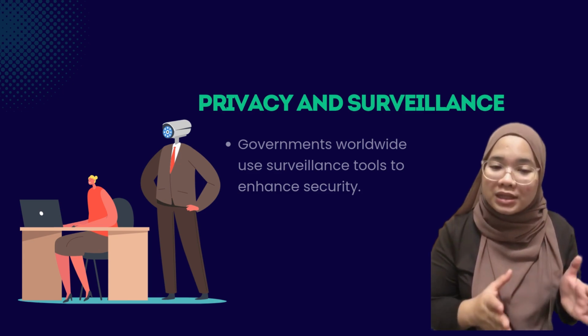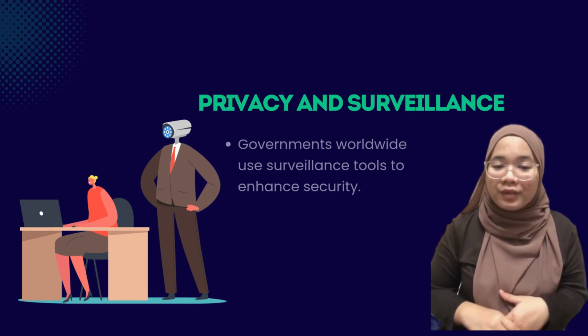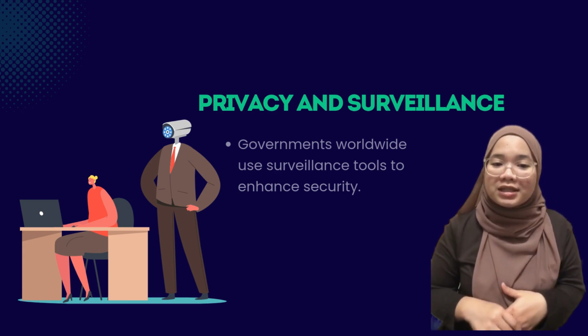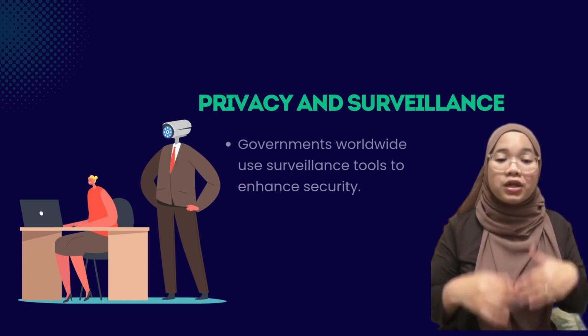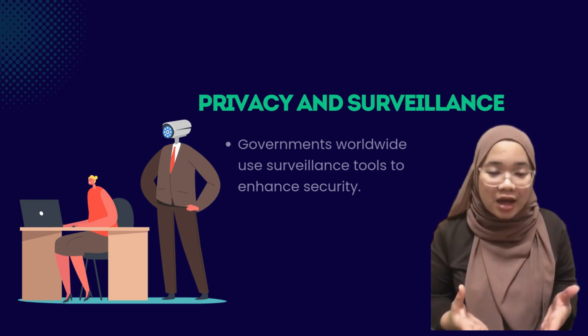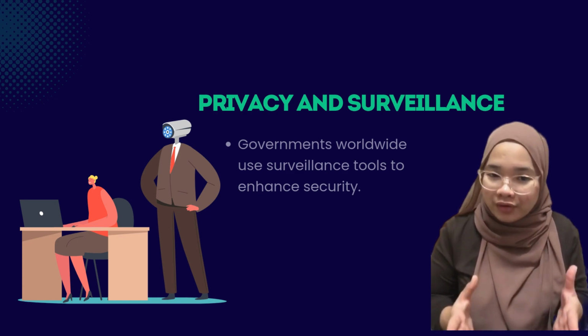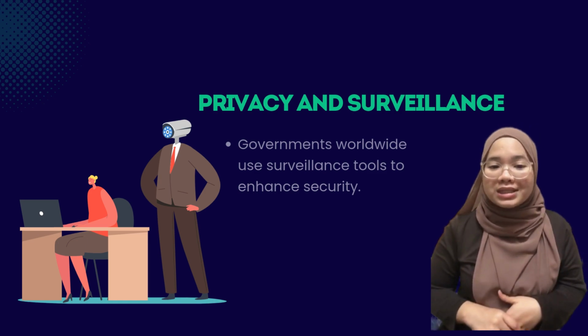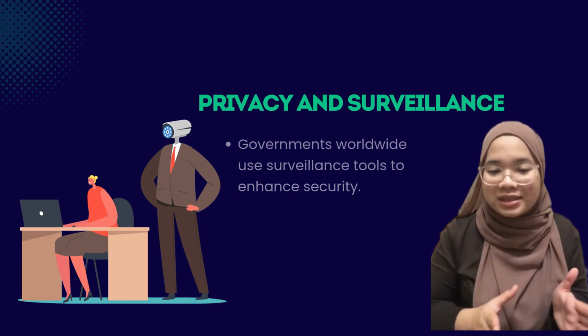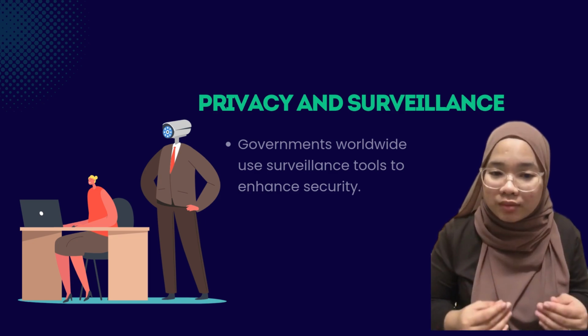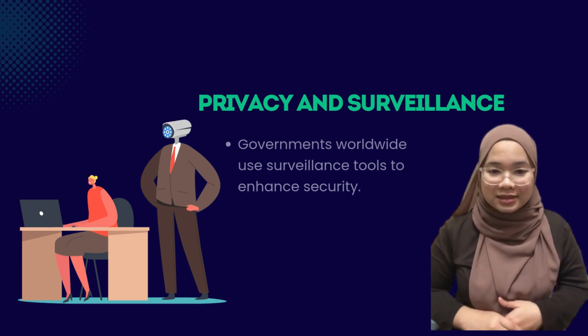On a personal level, tools like VPNs and encrypted apps such as Signal help individuals safeguard their communications. However, many people still overlook basic privacy steps like reviewing social media privacy settings.